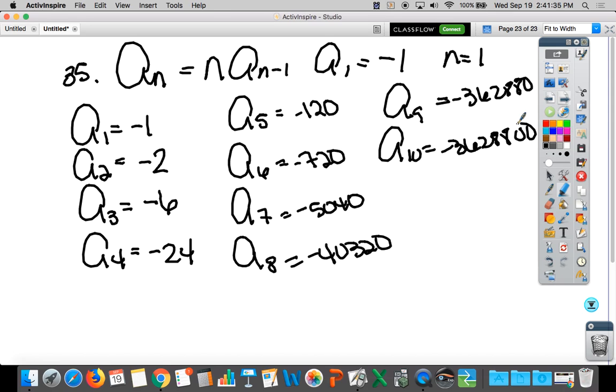Phones put away, and you will see that your last is negative 360, negative 36,200. No, negative 3,628,800. Okay, did we get that? Raise your hands, please, so I know.